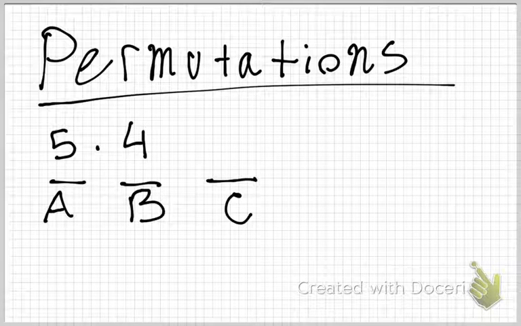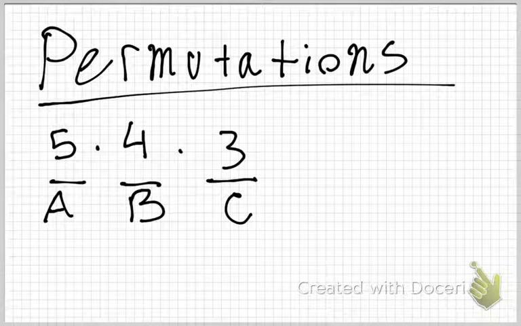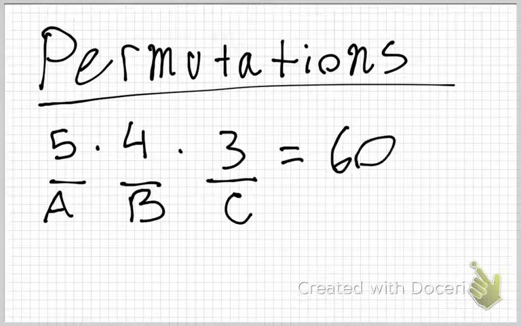Well, we have 5 siblings. 2 of them are already seated, so that leaves 3 of them left to be seated. So, 3 choices left for seat C. And what do we do with these 3 numbers, 5, 4, and 3? We are going to multiply those 3 numbers.